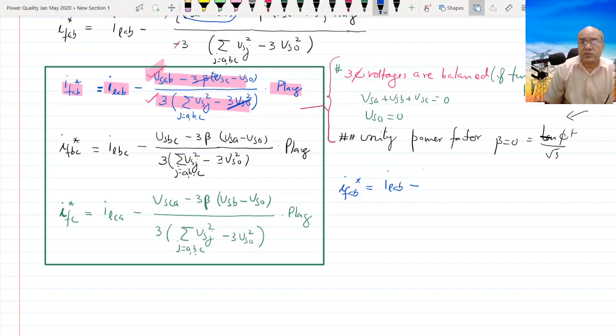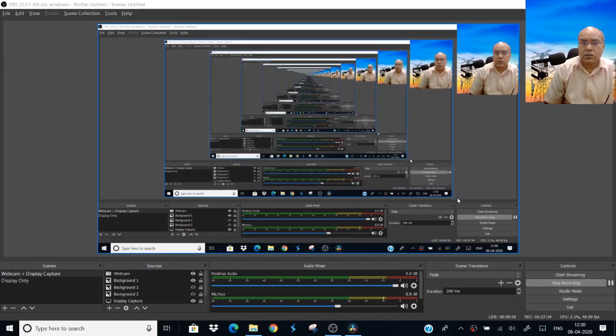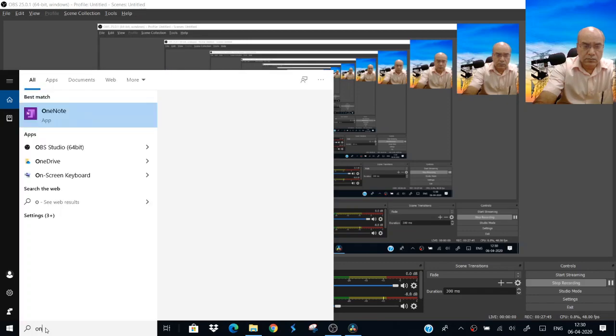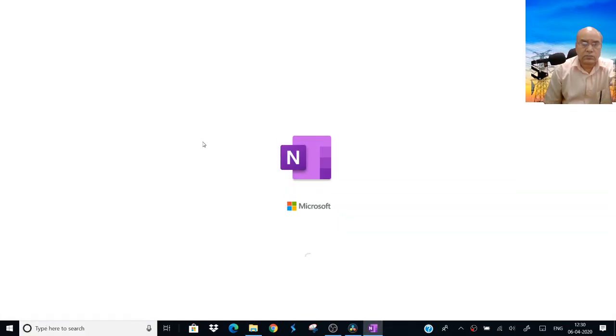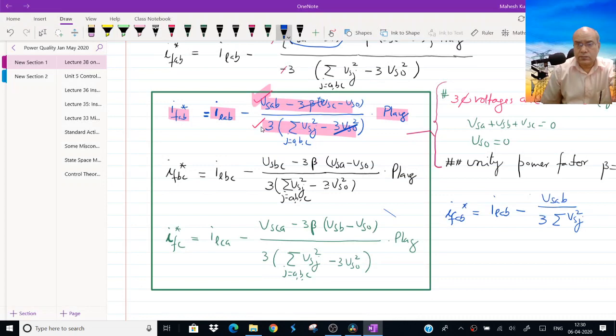So it becomes VSAB by 3 sigma VSJ square, J equal to AB, ABC into PL average.